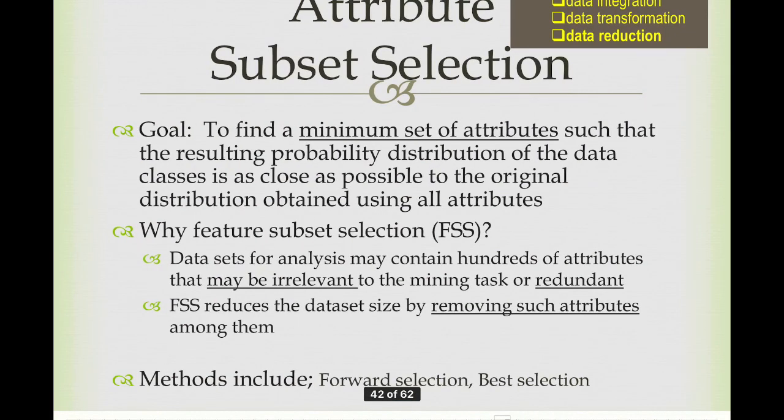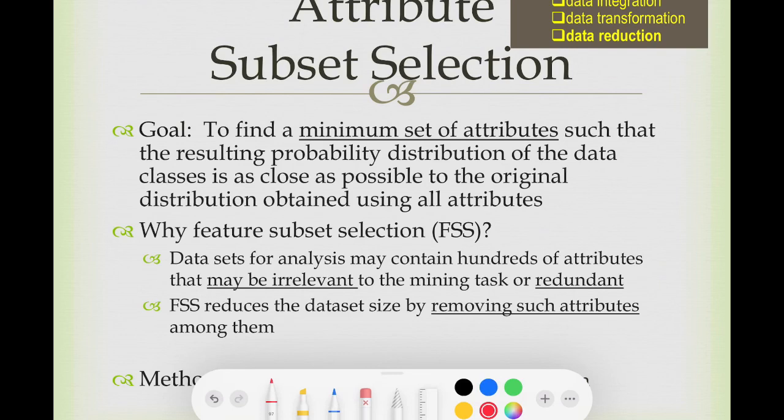Next is attribute subset selection, where you are going to select a subset of attributes only for the data mining. Okay. Why? Because a data set for analysis may contain hundreds of attributes, and sometimes these attributes may be irrelevant or redundant to the task.